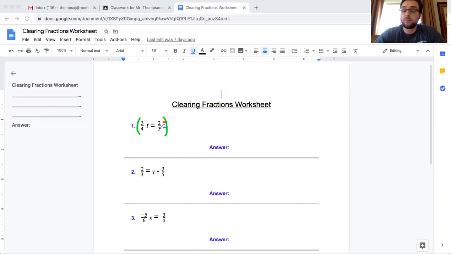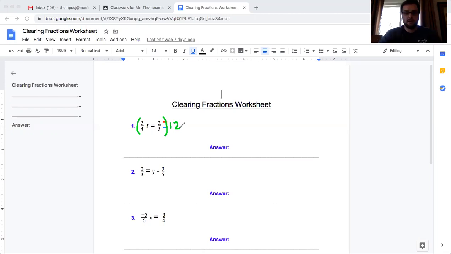So then I go to 12. 4 times 3 is 12, right? Then what about 3? 3 times 4, right? Sorry, I had to do a little bit of math in my head for a second. So 4 times 3 is 12, 3 times 4 is 12. So when you come on to the outside here, you are going to multiply the equation by 12.